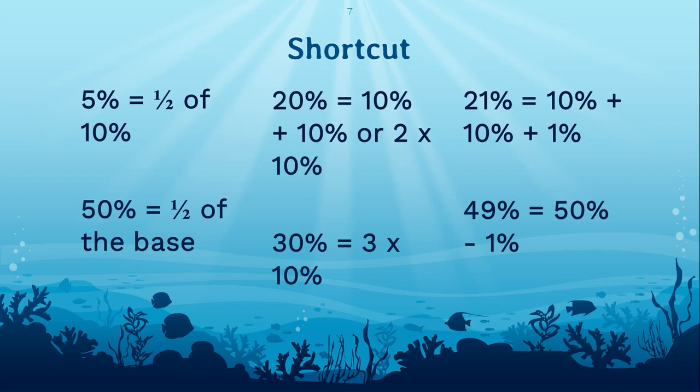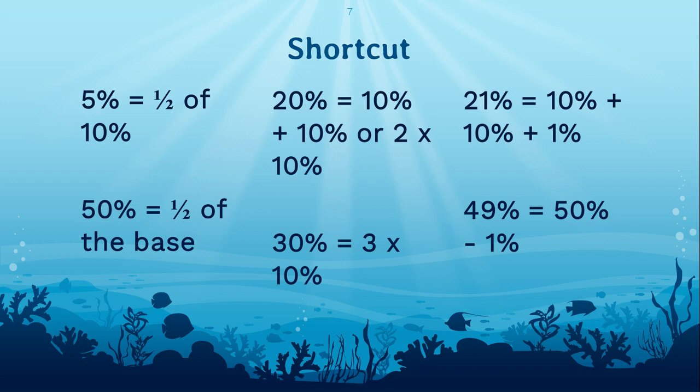Next example here is 21%. How about this percentage? What we need to get 21% is we need to have the 20% first and then the 1%. It can also be transformed into 10% plus 10% plus 1%. Now, lastly, here we have 49%.